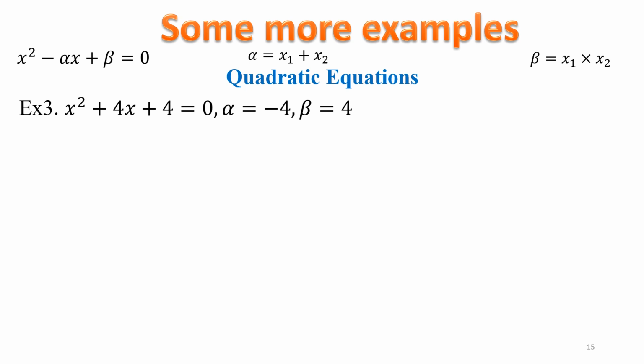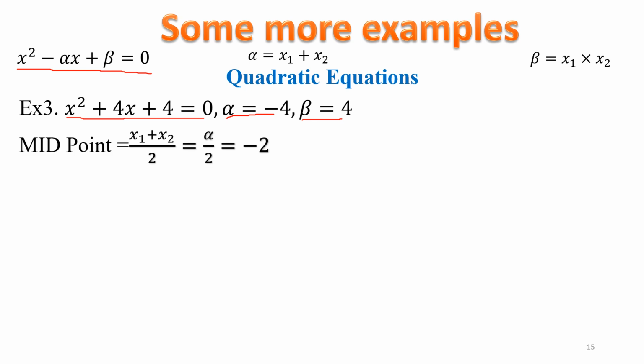Let us try some hands-on experience on another equation, x square plus 4x plus 4 equal to 0. You have to compare this equation with our standard format and identify alpha is equal to minus 4 and beta is equal to 4. Now x1 and x2 are our roots, and alpha is equal to x1 plus x2 and beta is equal to x1 into x2. Now we want to identify the midpoint of the two roots x1 and x2.